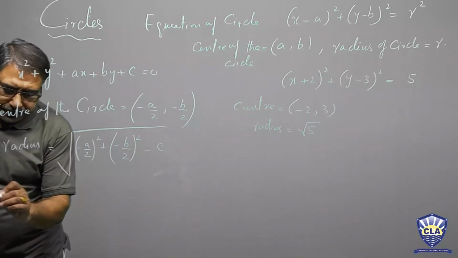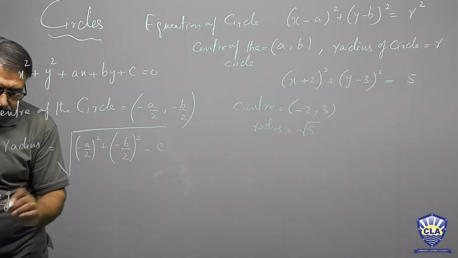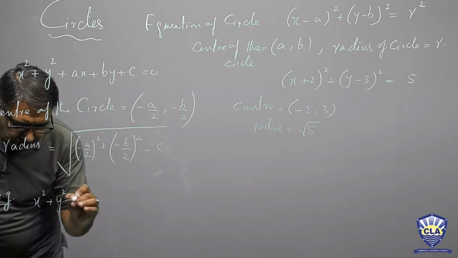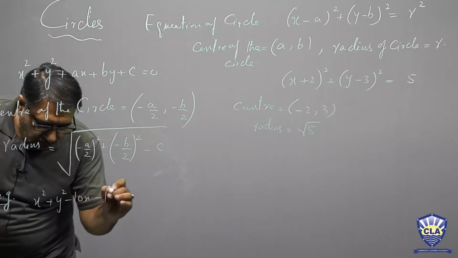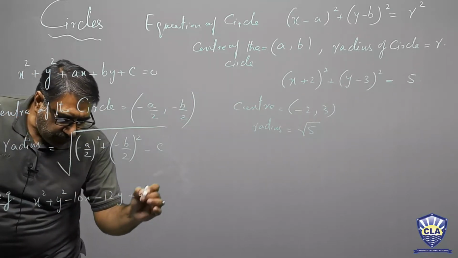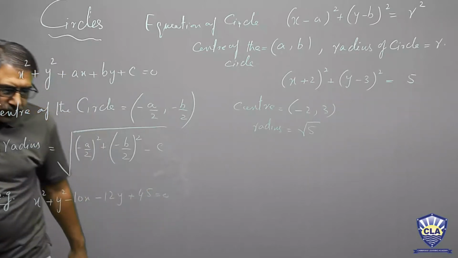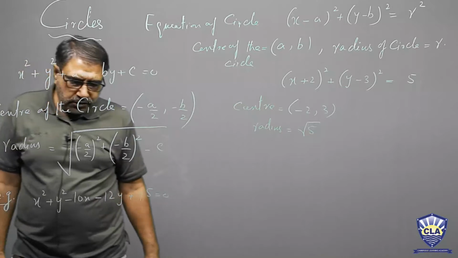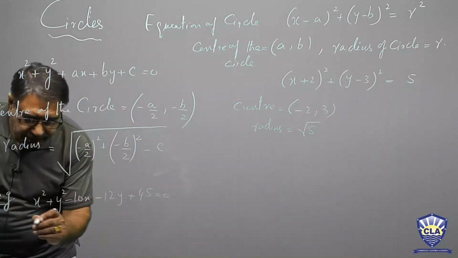Now, first question. For example, x square plus y square minus 10x minus 12y plus 45 equals to 0. Let's find the center and radius of this circle. Now what is the center?